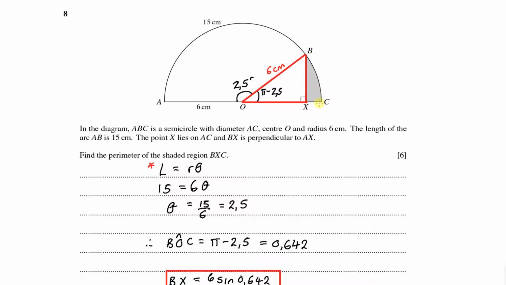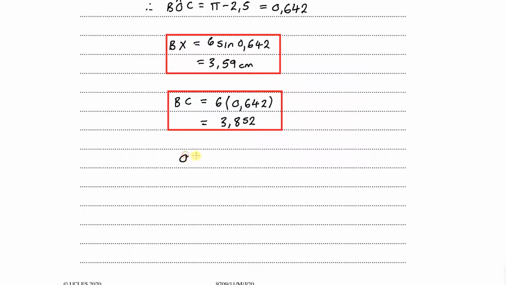Now to get XC, we have to first know what OX is and subtract it from the length of OC. So to get OX, which is the adjacent side of this right angle triangle, we can use cos. So for OX, we can say OX is hypotenuse, which is 6, times cos of the angle BOC, which is 0.642.